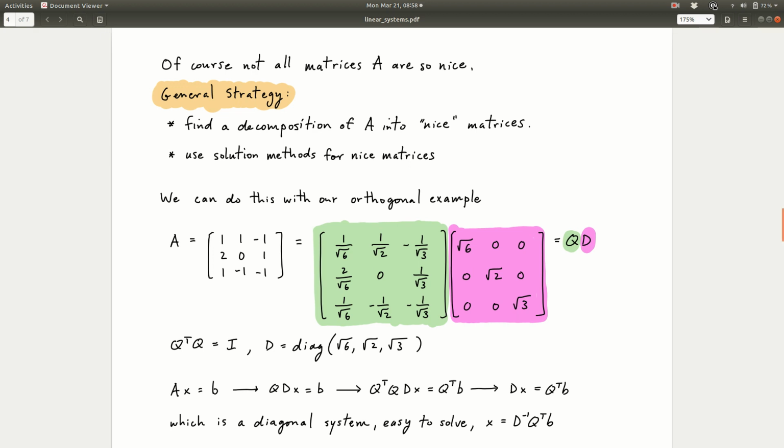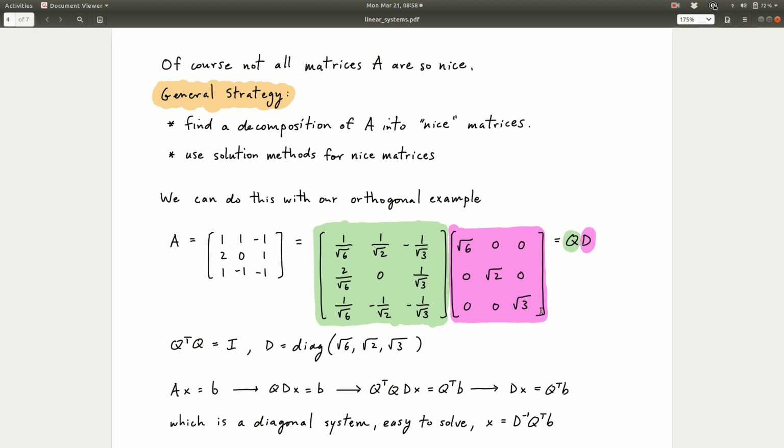We're going to come back to our orthogonal example. So this was the matrix A, 1, 2, 1, 1, 0, minus 1, minus 1, 1, minus 1 in column major order. We can write the matrix A as the product of these two matrices.